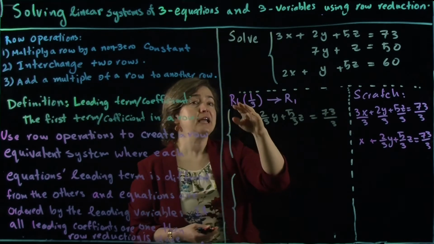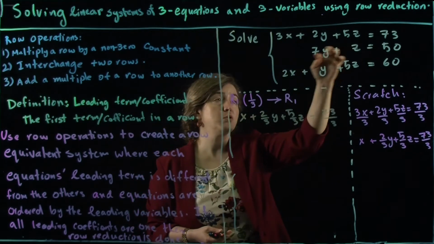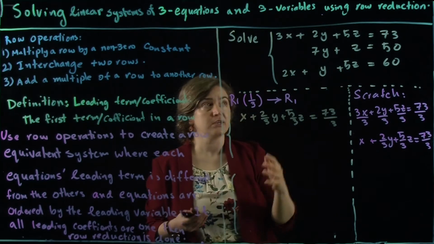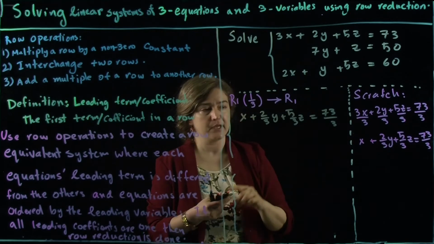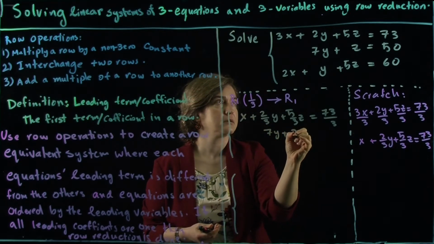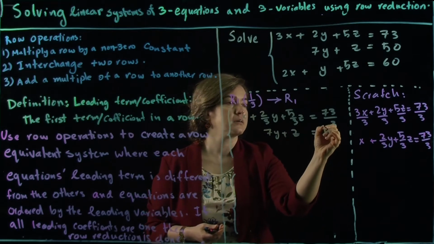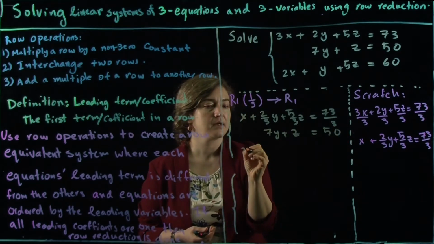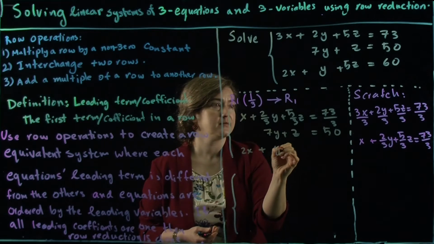Now, in this system, row 2 and row 3 are not changing. Therefore, I'm going to put those in here. Again, indented. This one isn't.